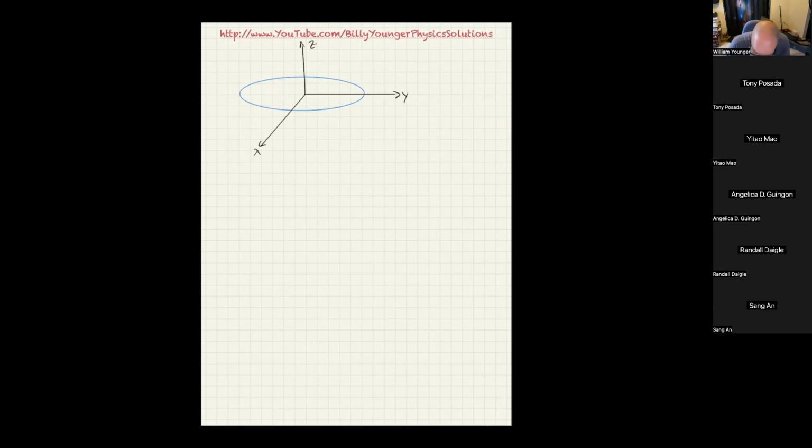And I'm going to say this thing has a radius that is big R. But now I'm going to imagine that inside of it, let's use a blue, I'm going to have another ring of charge, if you will, like this.